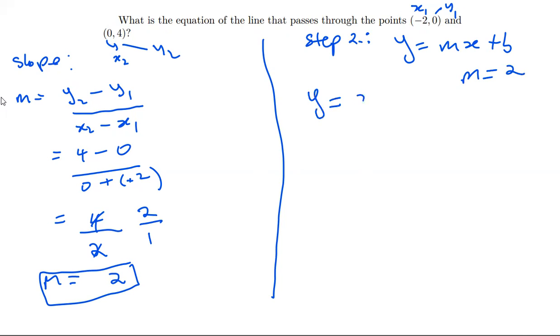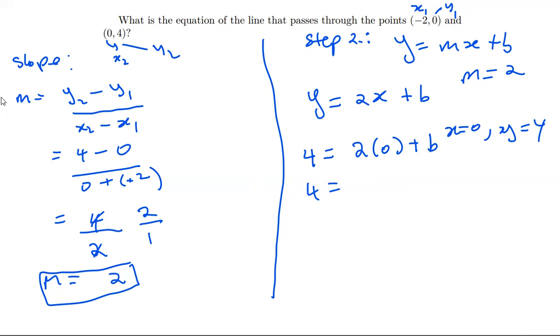So y is equal to 2x plus b. And we'll use that point. Well, when x is equal to 0, y is equal to 4. So 4 is equal to 2 times 0 plus b.